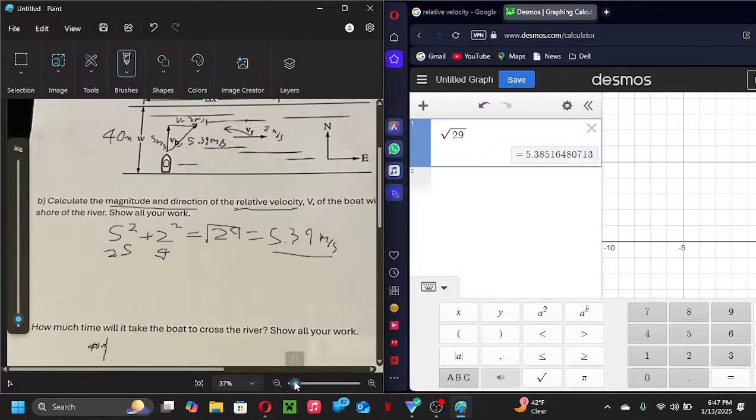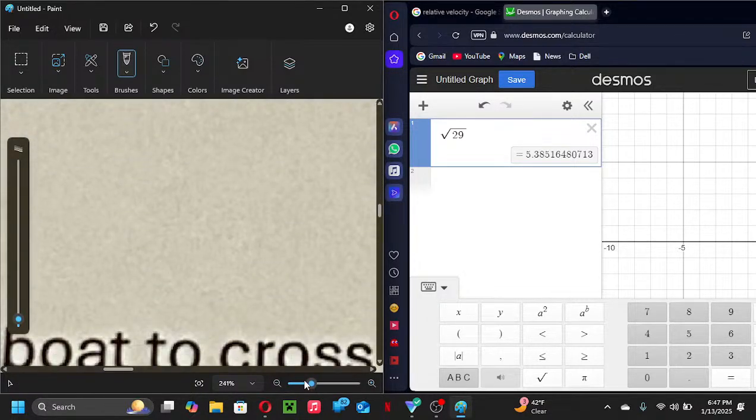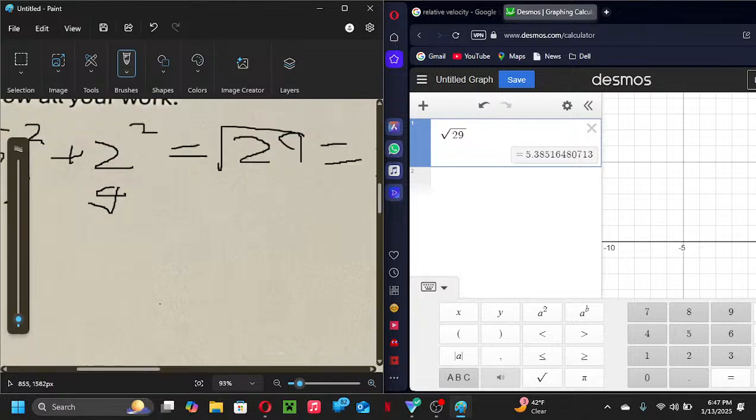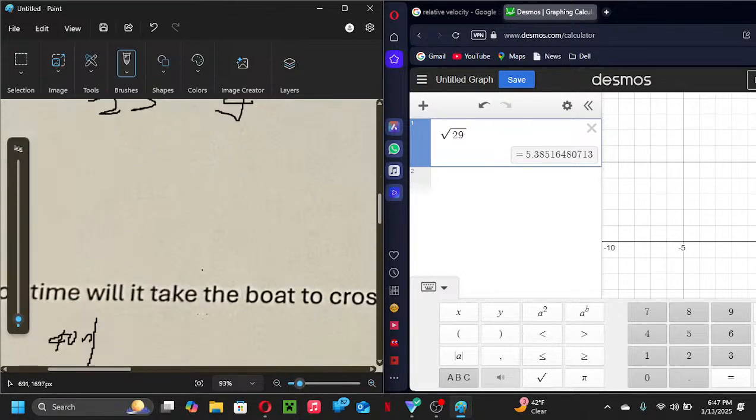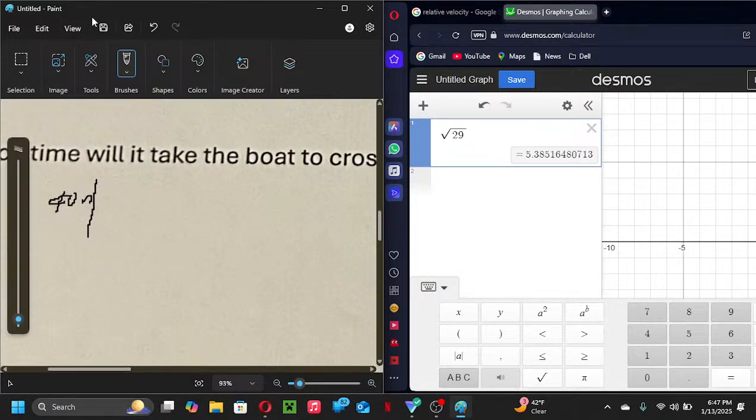It's going to have to go forward 40 meters, and it's going forward at 5 meters a second. Which means all you have to do is divide 40 by 5, which is 8.